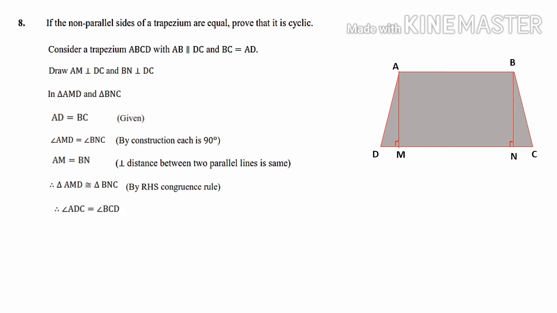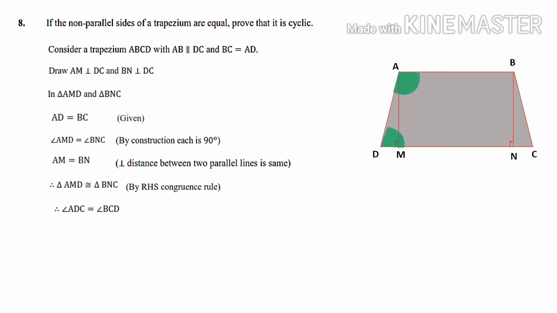By using CPCT, we can write angle ADC is equal to angle BCD. This angle ADC and angle BCD are equal. We have proved that. Now, we already know that AB and CD are parallel because it is a trapezium.